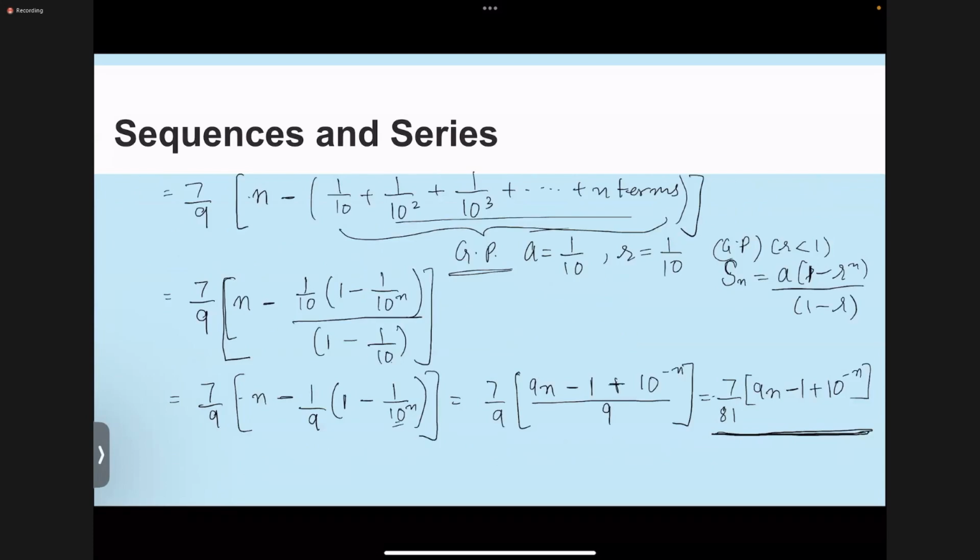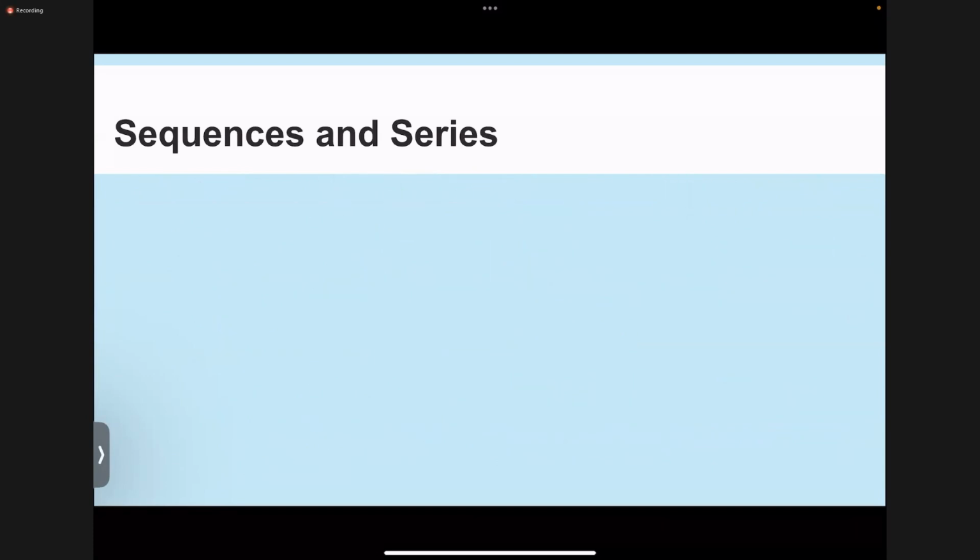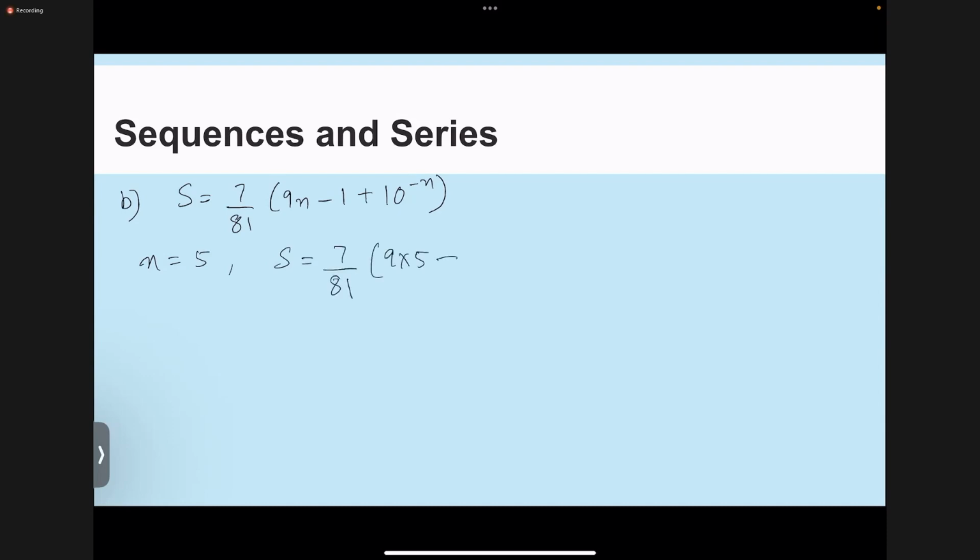Okay, so we have our S equals, what did we get? 7 by 81, 9n minus 1 plus 10 raised to minus n. So this is the B part. For your B part, we have said that n is equal to 5. So your S is going to be 7 by 81, 9 into 5 minus 1 plus 10 raised to minus 5.